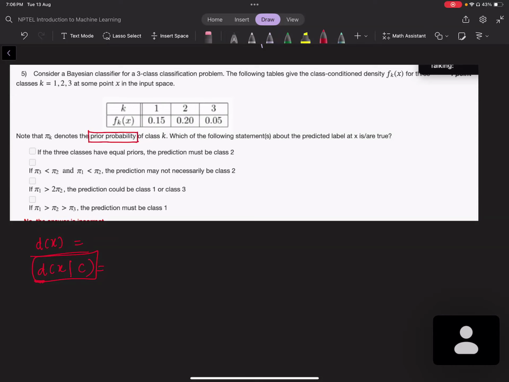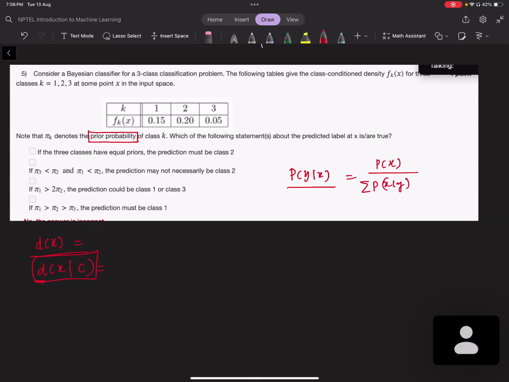If you're finding the probability of y given x, it's like prediction. The probability of y given x equals the probability of x given y times the probability of y, over the probability of x.